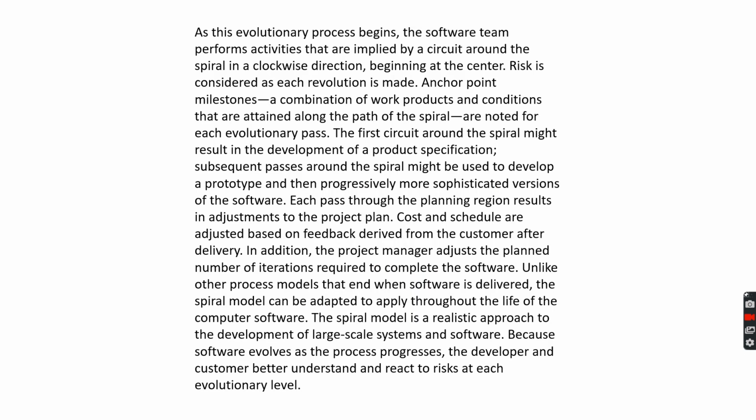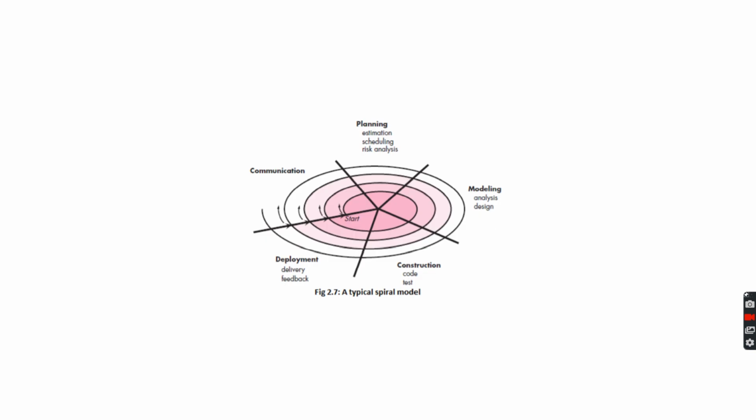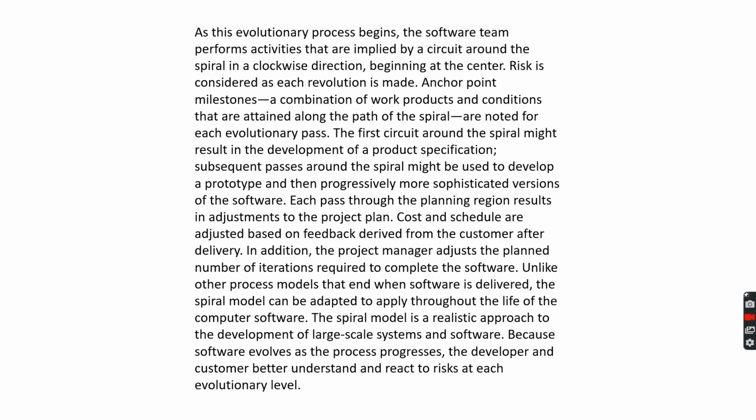So as this evolutionary process begins, the software team performs activities that are implied by circuits around the spiral in a clockwise direction. That is, from the previous slide you can see it starting in a clockwise direction.